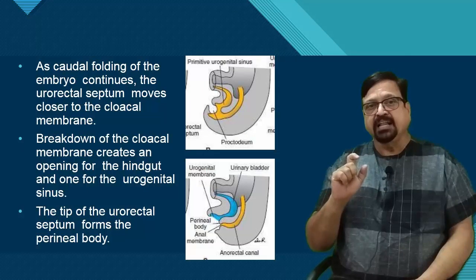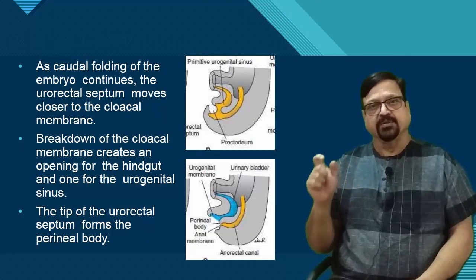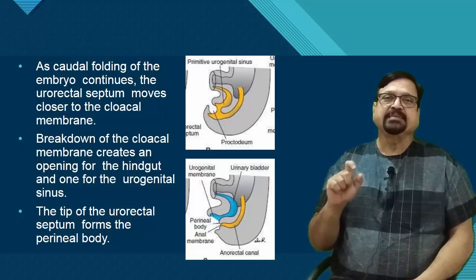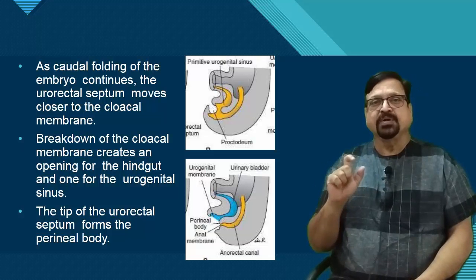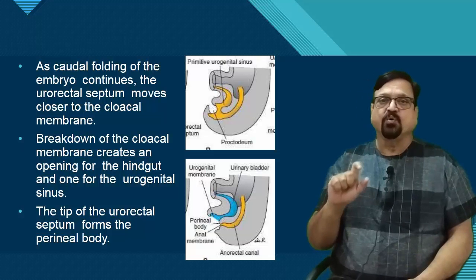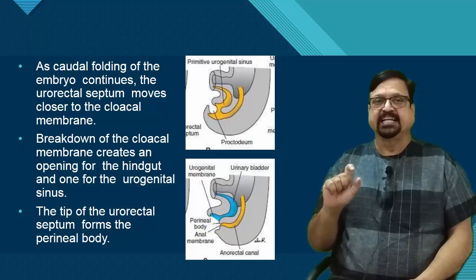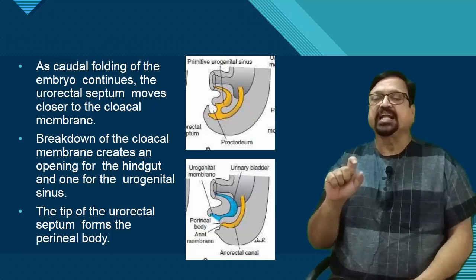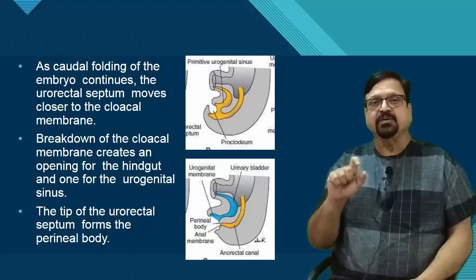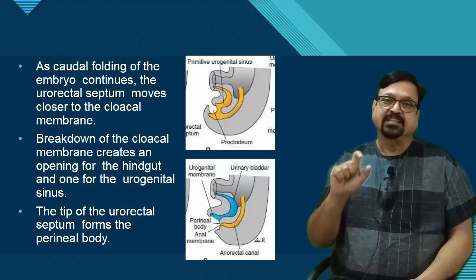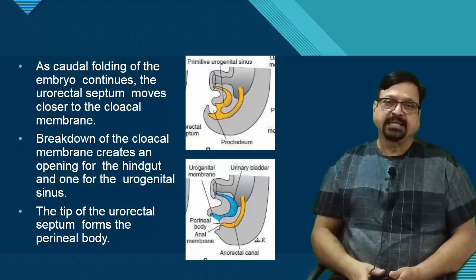Now, caudal folding of the embryo continues. The anorectal septum moves closer to the cloacal membrane. Breaking down of the cloacal membrane creates an opening for the hindgut and one for the urogenital sinus. The tip of the anorectal septum forms the perineal body. Now we have seen up to the formation of the perineal body.